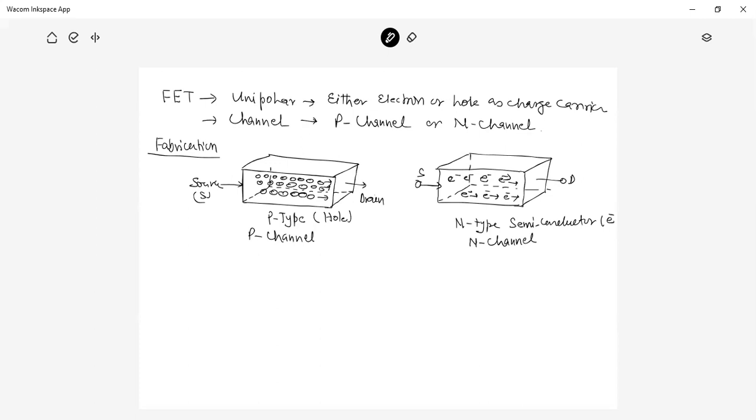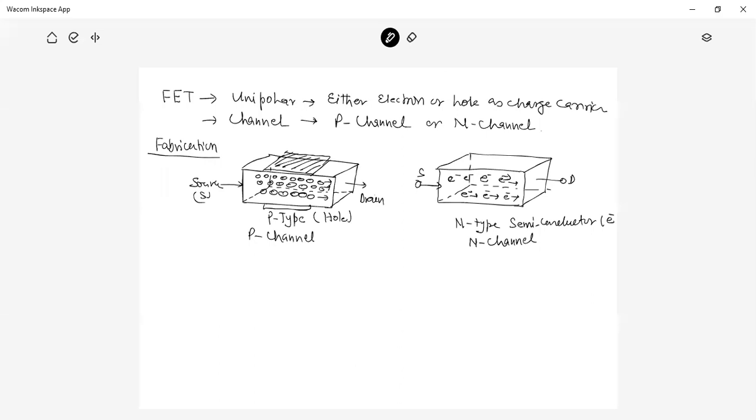The gate is a heavily doped layer on this side of the surface, and similarly on the other.